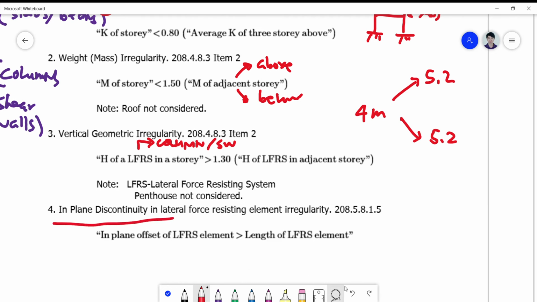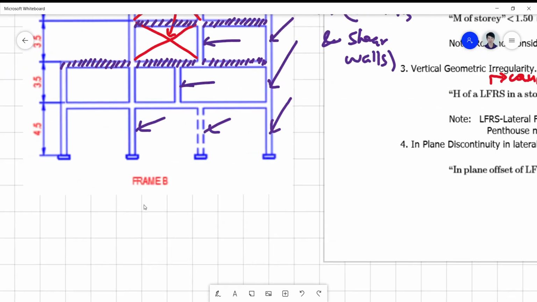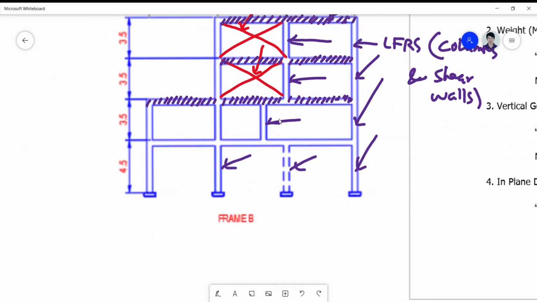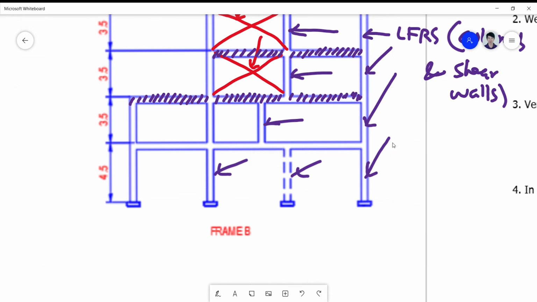So the in-plane discontinuity can be visualized in this figure here, wherein if you look at the columns, they are all straight from top to bottom, while at this portion here, there's a discontinuity. When you say discontinuity, the column was cut here and moved here. So this is now an in-plane discontinuity.